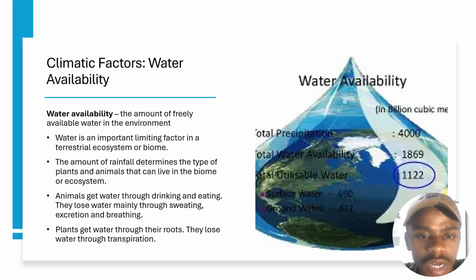We also have water availability, which is a very essential factor for everyday life for the various organisms. Water is an important limiting factor in a terrestrial ecosystem or biome. The amount of rainfall determines the type of plants and animals that can live in the biome.